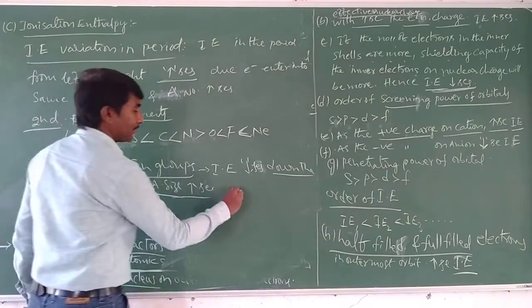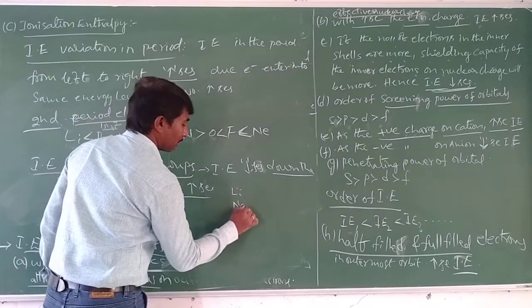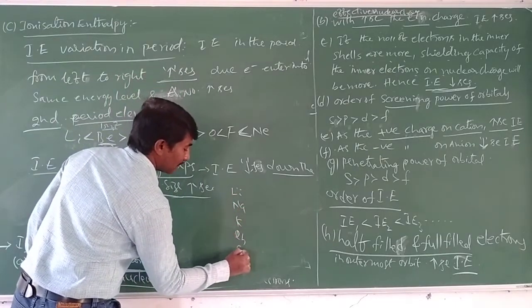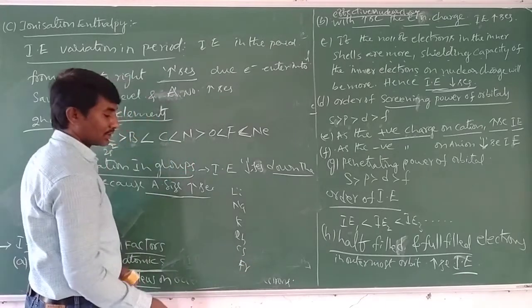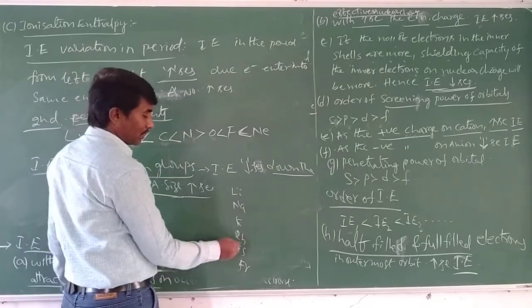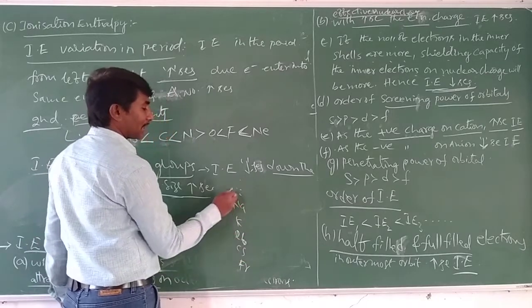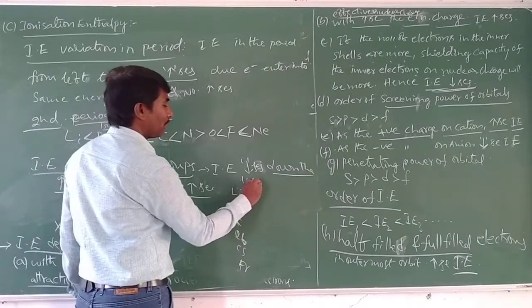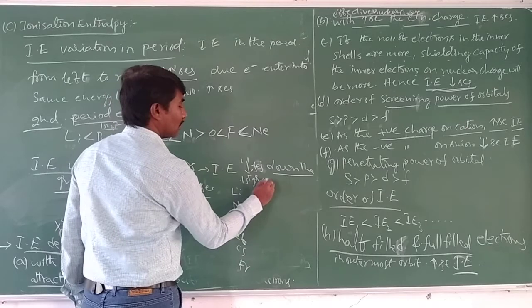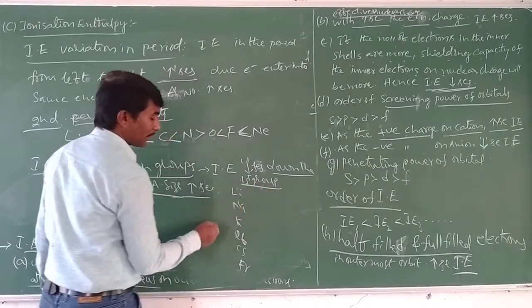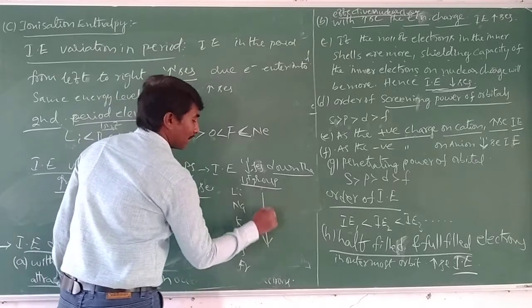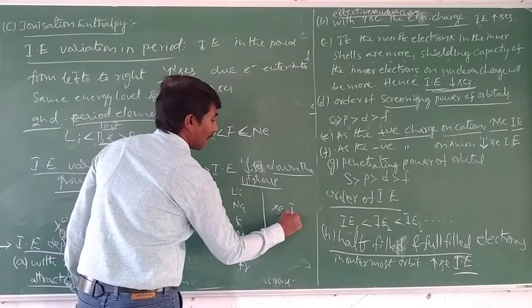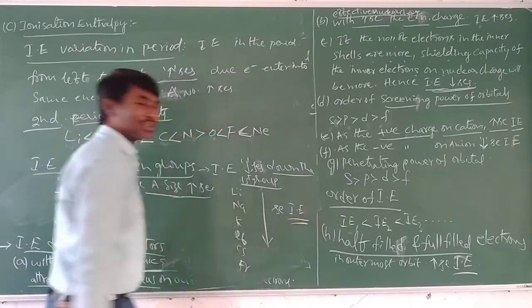Suppose lithium, sodium, potassium, rubidium, cesium, francium. These are the alkali metals, the first group elements. So for the first group elements from top to bottom, the IE values decrease.